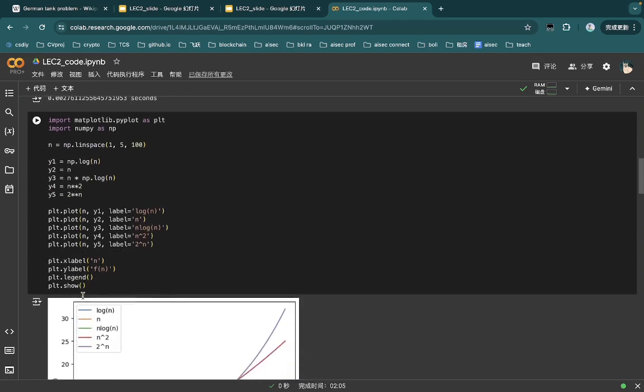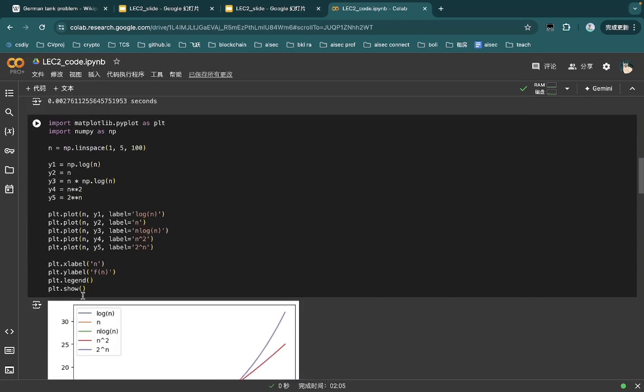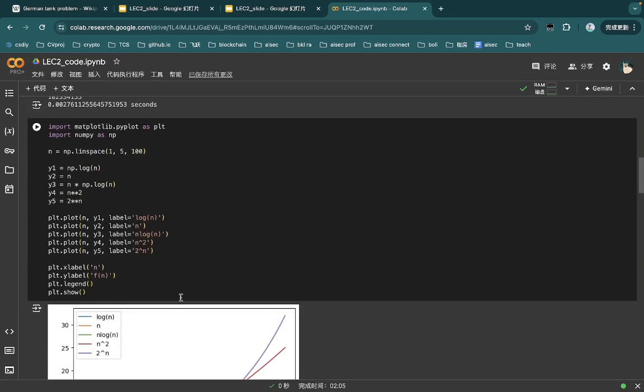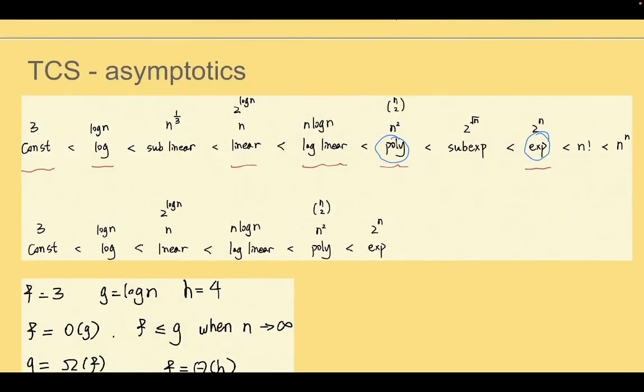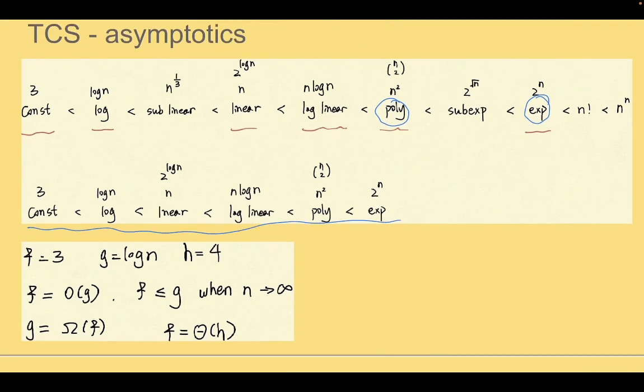Okay, fine, I'm going to tell you this part next, and I'll show you exponential time and polynomial time. And actually there are a lot of other things. This is a neater one, so we start with this, the exponential time and the polynomial time.